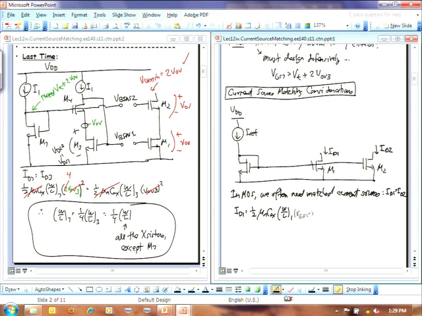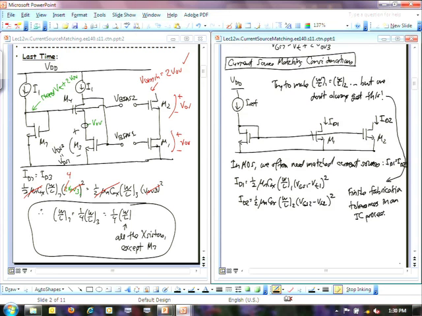And that's not just in lithography dimensions, it's also things like threshold voltages. These transistors are not going to have exactly the same threshold voltage. There's going to be some statistical variation just because of the manufacturing process.